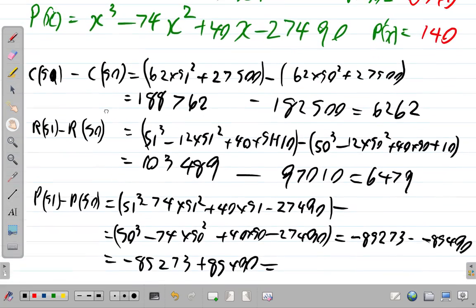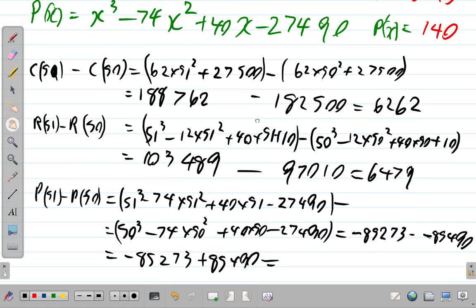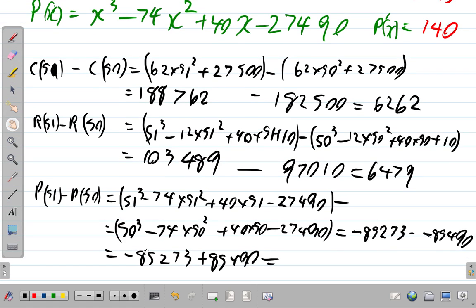X cubed, that's 51 cubed minus 74 by 51 squared plus 40 by 51 minus 27,490. All right, that's the profit. And then we redo this: 50 cubed minus 74 by 50 squared plus 40 by 50 minus 27,490.